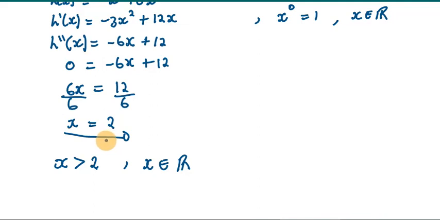So you check the values greater than this one and the values less than this one. Those are the values that tell you whether the graph is concave up or concave down. So please do not write it like this. No, no, no. This point is not part of the set. You just say for x greater than 2.